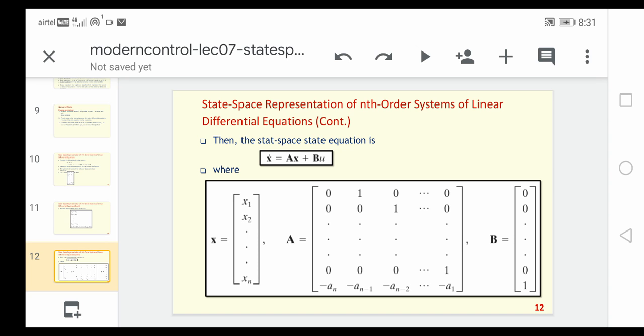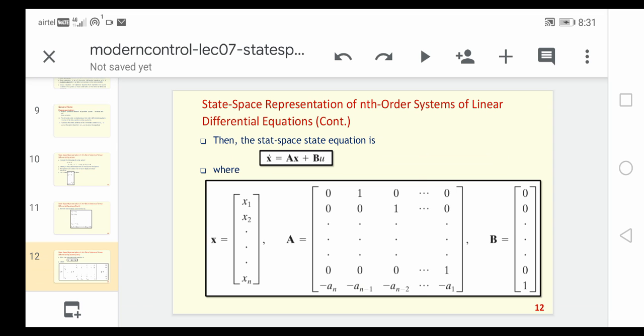And x2 dot is equal to x3, is there any u coefficient? There is none, so the second element is also 0, like that we write. In the last equation, the u coefficient will be 1. This is a simple representation of the A matrix and B matrix.